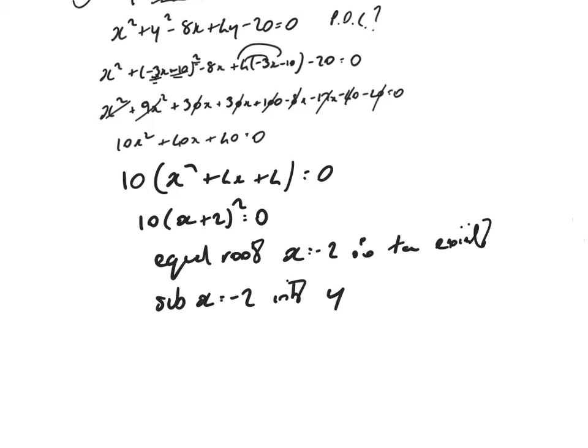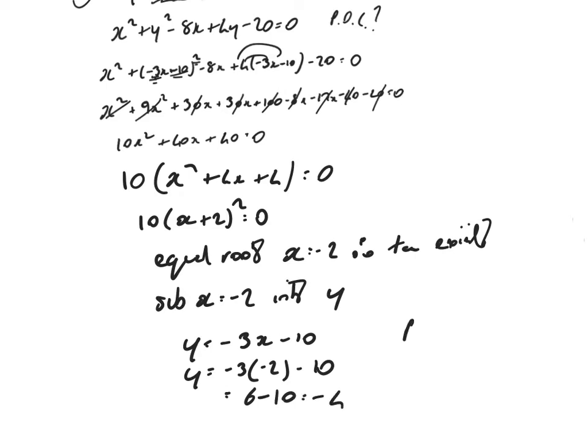So I've got y equals minus 3x minus 10, so let's sub that in. Y equals minus 3 bracket minus 2, minus 10, and that's 6 minus 10, which is minus 4. So my point of contact then is (minus 2, minus 4).